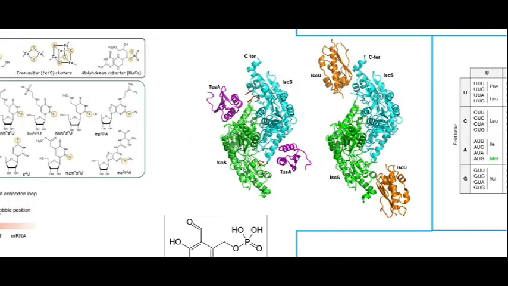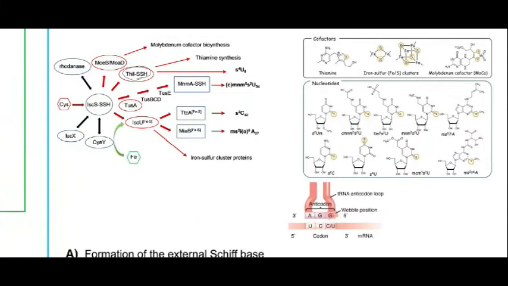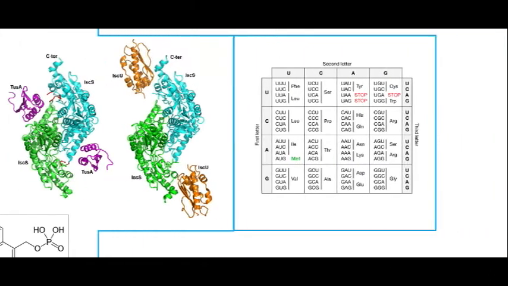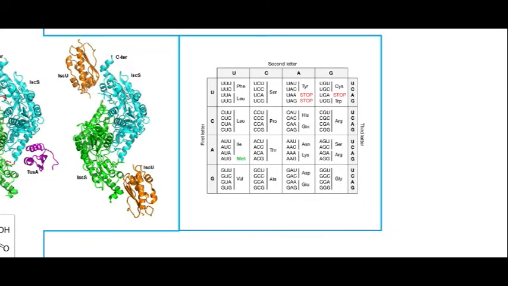So this is actually our ISCS here bound with the TUSA or ISCU, which we see over here. So these are the places they can bind on there. I put this genetic code here because I wanted to point out the wobble position is on these third positions.